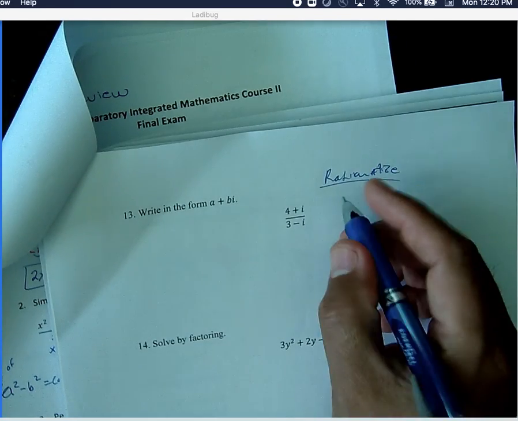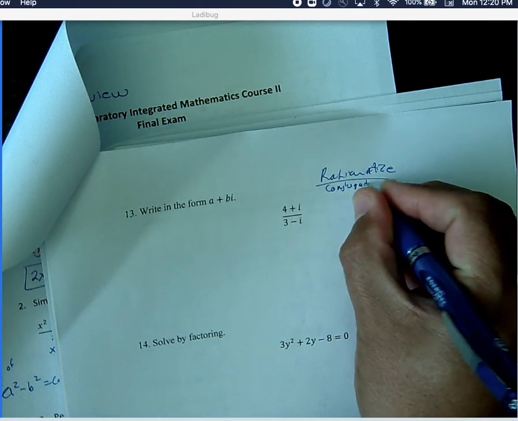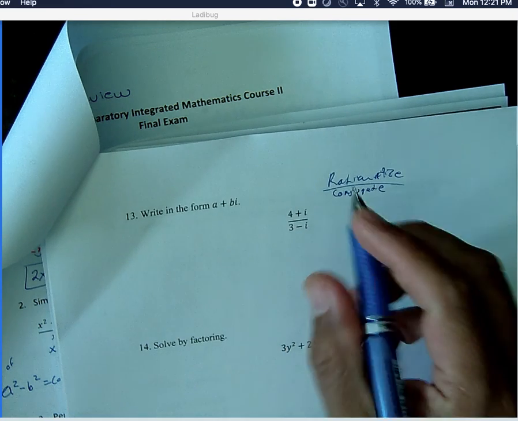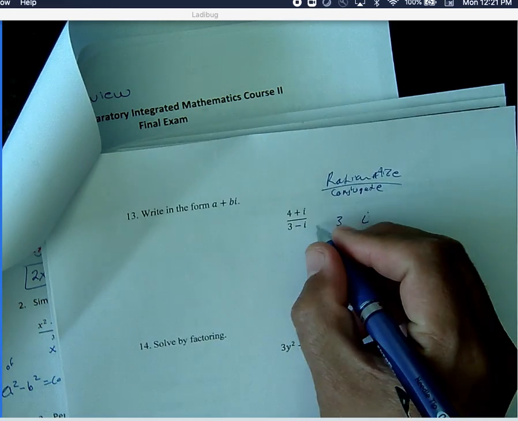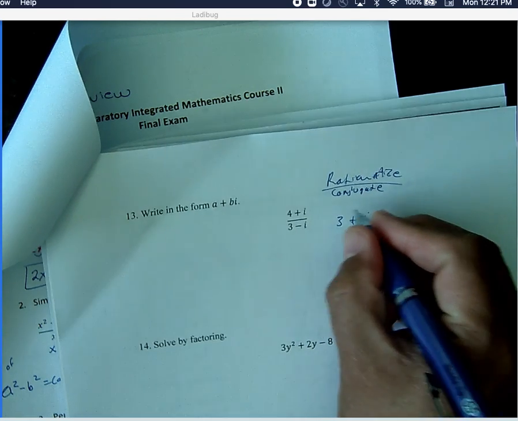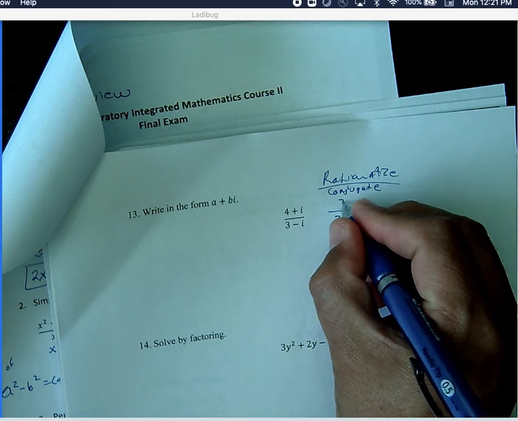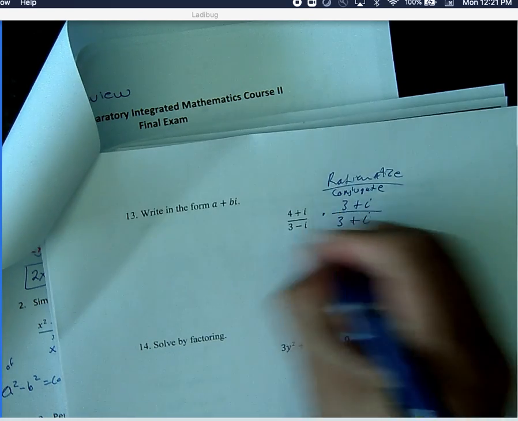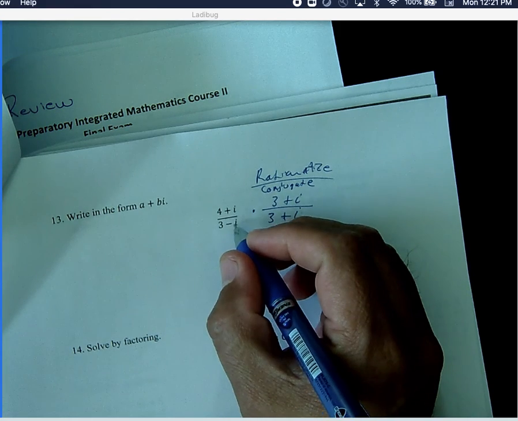For this one, you do the conjugate. To rationalize, you use the conjugate. The conjugate would be you keep the same terms, the 3 and the i, and you change that to a positive. That's the conjugate. 3 plus i, and then you multiply like that, so that the conjugate will get rid of the i.